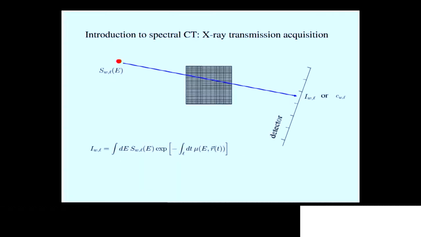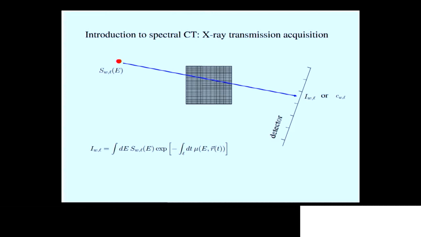All right, so coming back to this iterative picture, the model picture is we're just adding another index to the source brightness and the transmitted intensity. This index is W, which is labeling the energy window. And sometimes for the transmitted intensity, I'll use C when I'm talking about counts of photons, alluding to the photon counting detection.